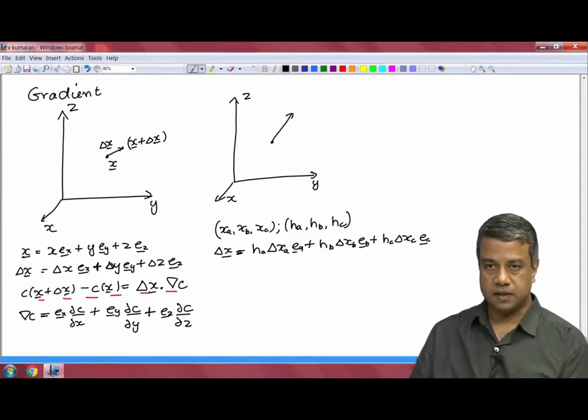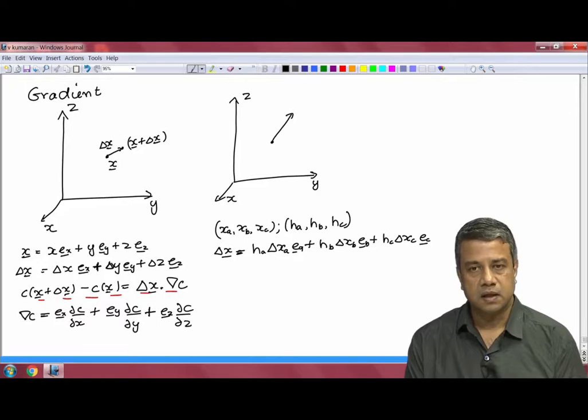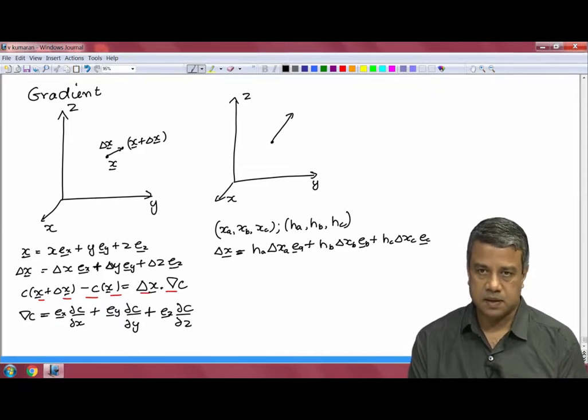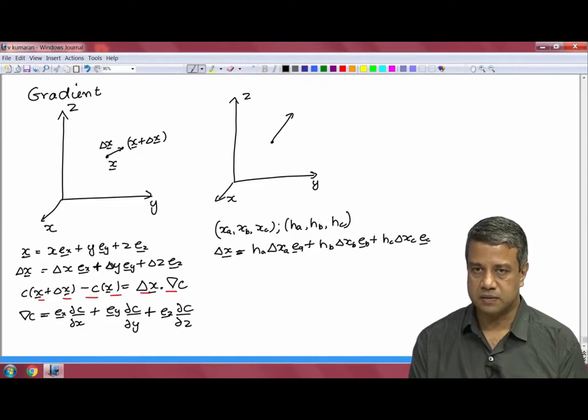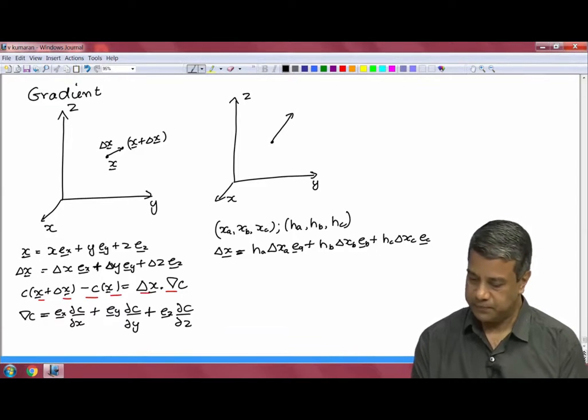That is the vector displacement, where delta x a, delta x b and delta x c are the increments in the coordinates, and h a, h b and h c are the scale factors required to render this differential displacement to have unit of length.